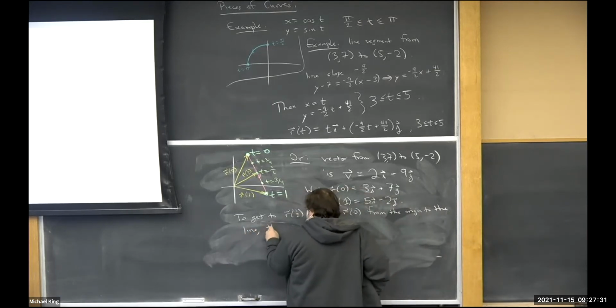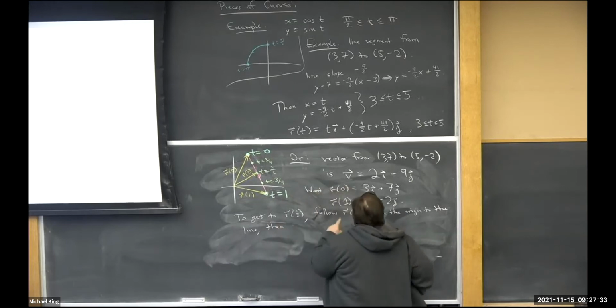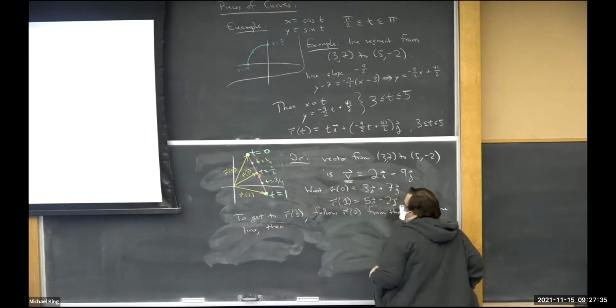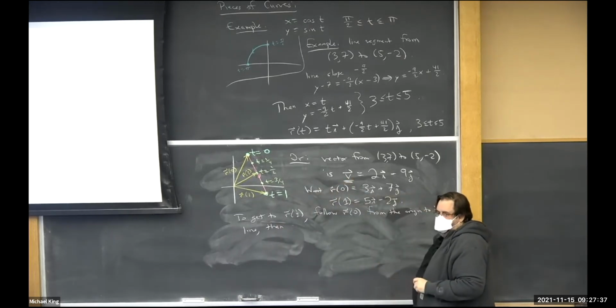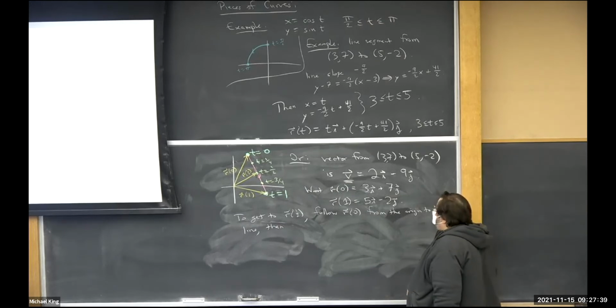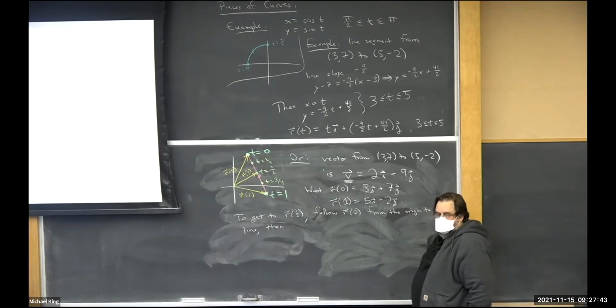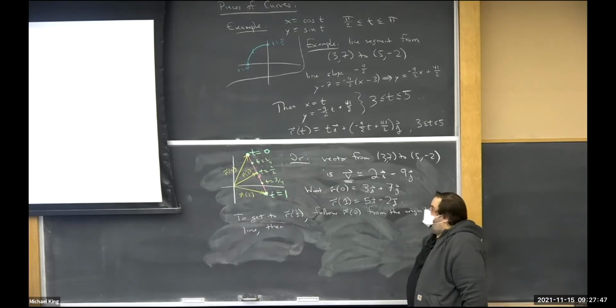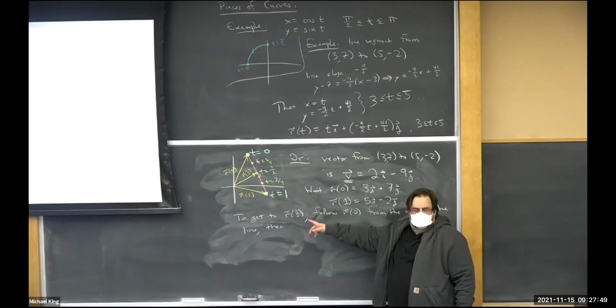Then follow the v direction. V is this right here. Then go in the v direction, but how far? How much of v? T, in general, but to go to 1/2, it's half of v, right?